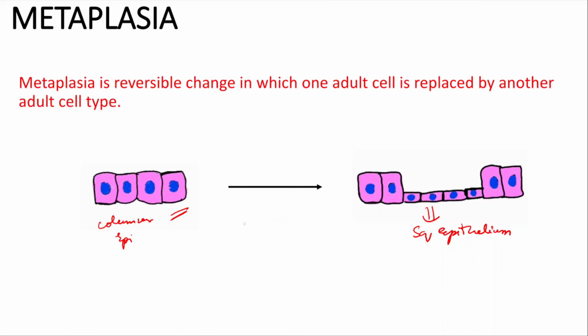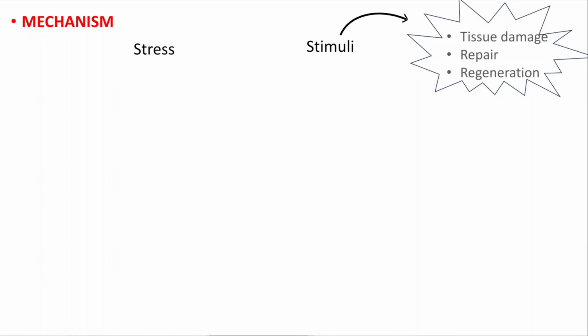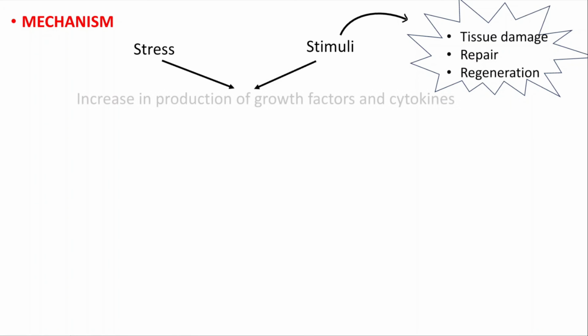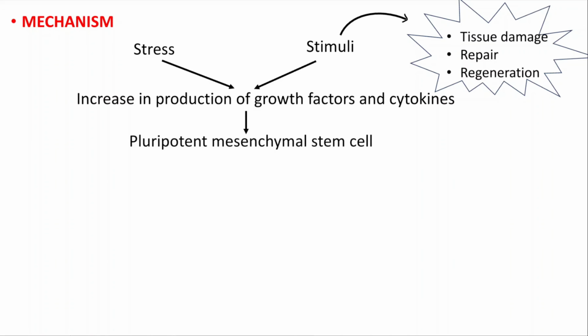So metaplasia is mainly seen during tissue damage, tissue repair, and during regeneration. Now let's see how metaplasia is caused. Whenever a cell experiences any stress or stimuli like tissue damage, tissue repair or regeneration, there will be increased production of growth factors and cytokines, because of which there will be increased proliferation of pluripotent mesenchymal stem cells.